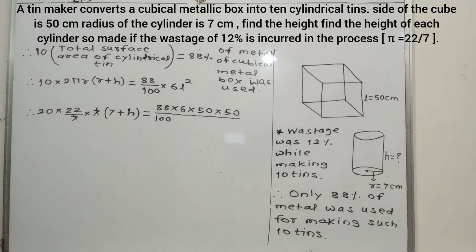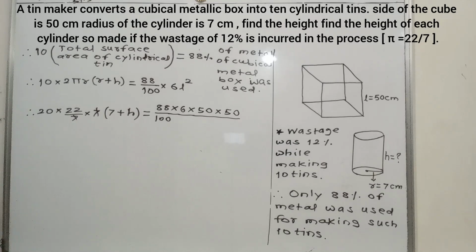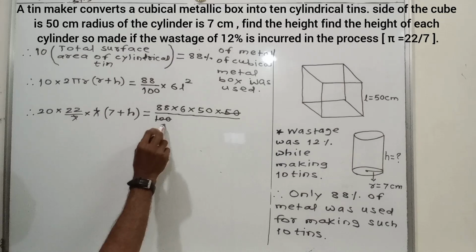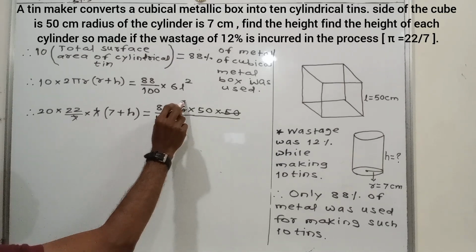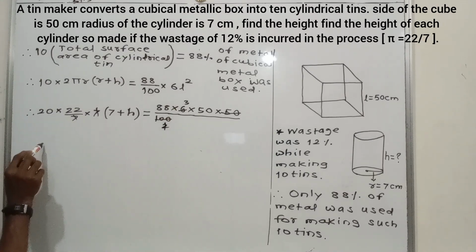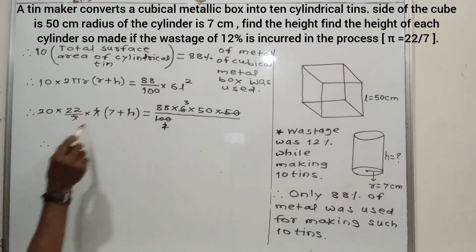Did you get it? Now we divide here. So 50 2s are, then 2 3s are. Okay. Now we take both of these terms to the right side.